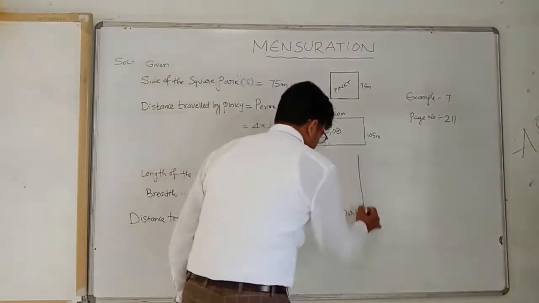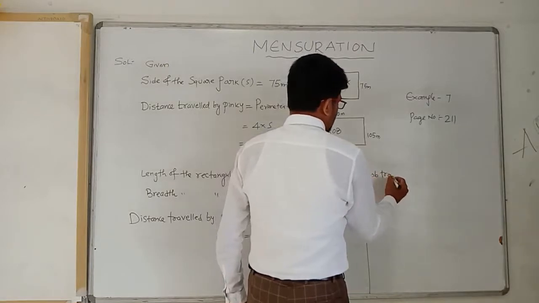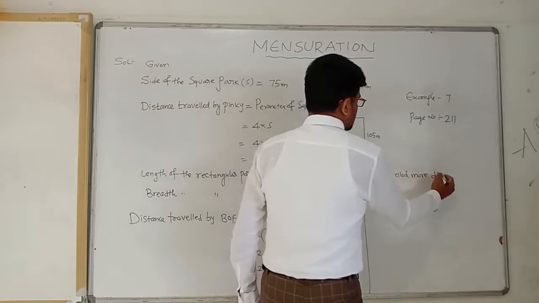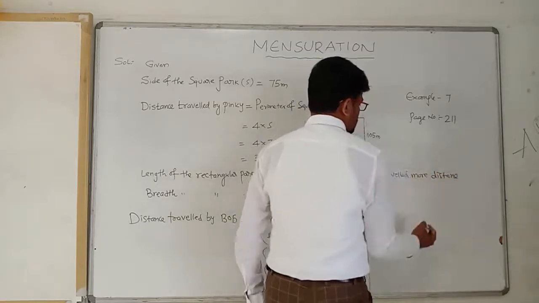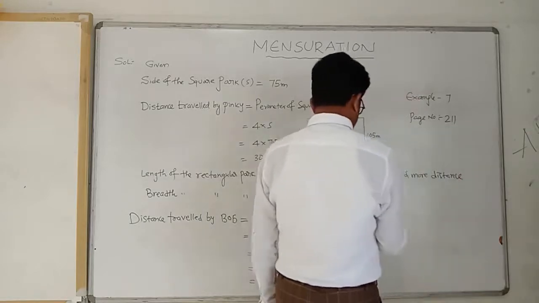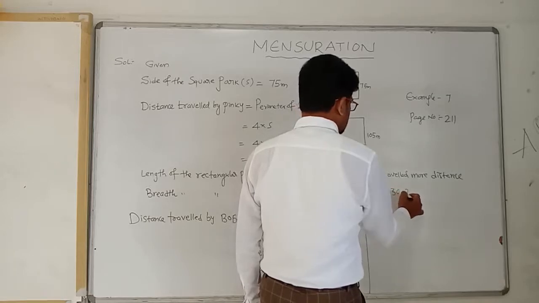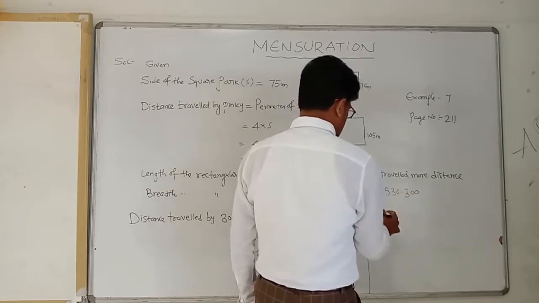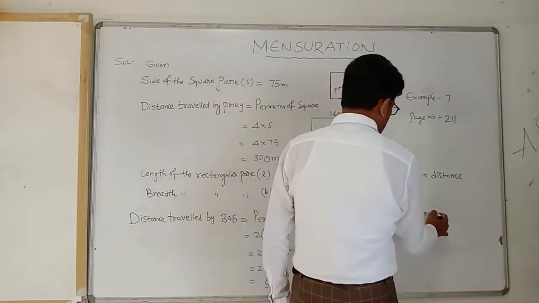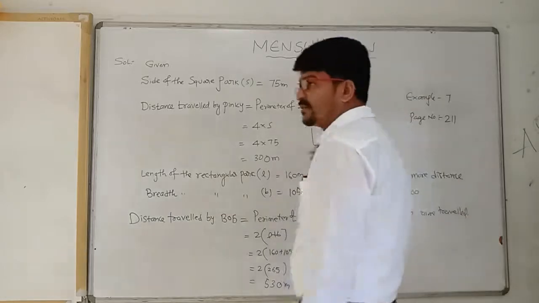Therefore, here Bob travelled more distance. That implies 530 minus 300, that implies 230 meters more travelled.